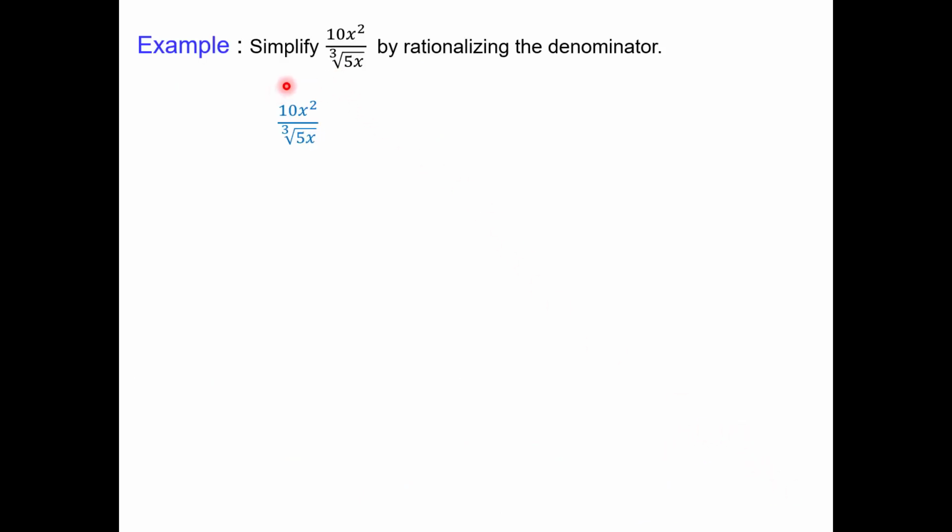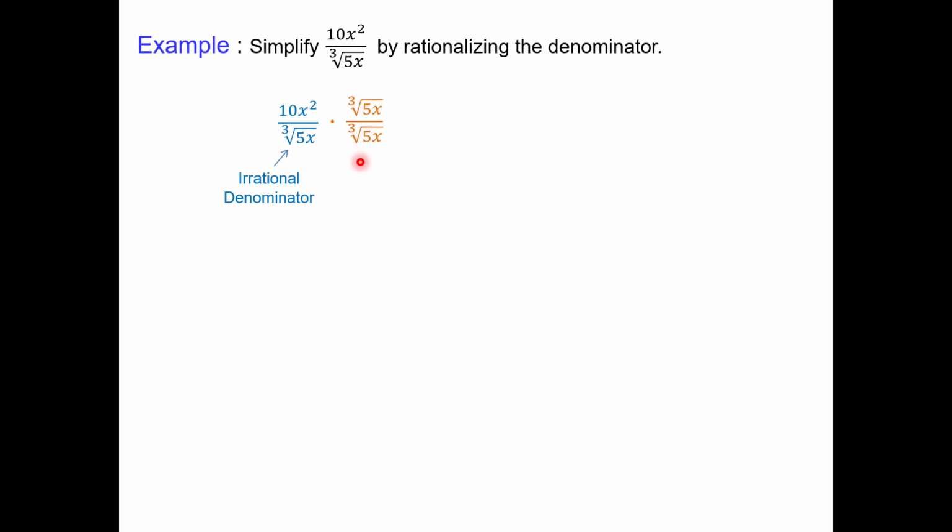So we are going to simplify this expression by rationalizing the denominator. So this time it's a little bit different just because we are working with a cubed root. Now, the denominator, first of all, is irrational because it is a radical down here that we cannot simplify, cubed root of 5x. So we are going to multiply by cubed root of 5x over itself.